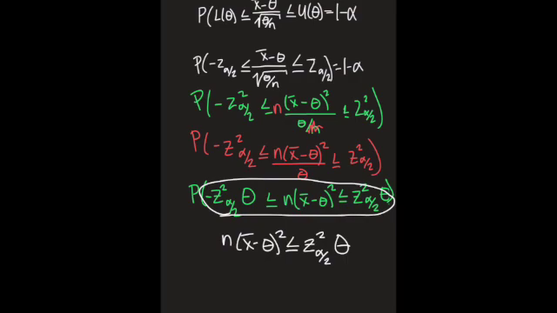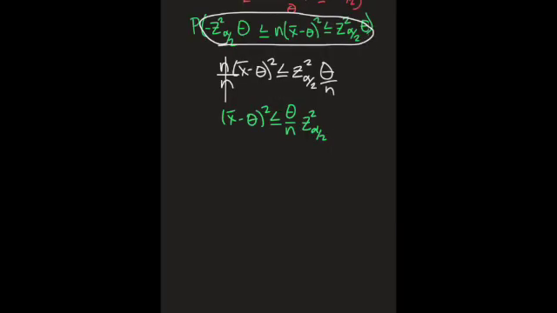Now that we have this, we can see that since there's a square here, it is quadratic. And we want to see if we can simplify it even more. Since there's clearly an n, we're going to divide both sides by n, that way it cancels on one side. Since we have a square right here and it's a quadratic, we can FOIL it.